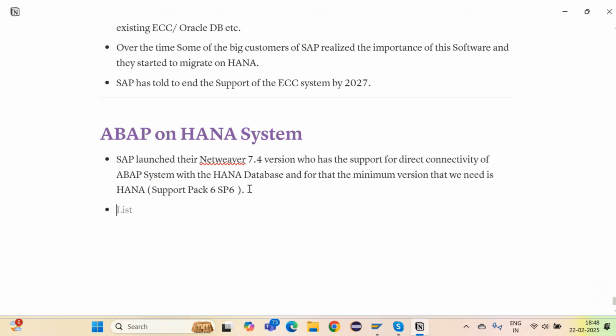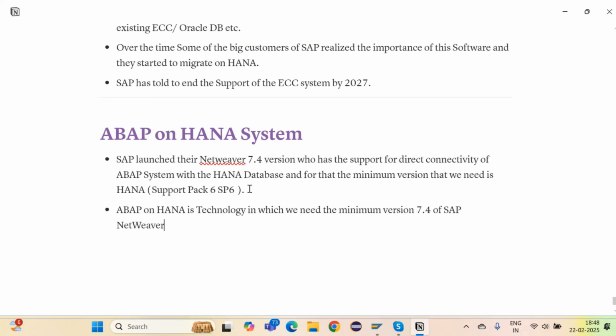First thing, ABAP on HANA is the technology in which we need the minimum version 7.4 of SAP NetWeaver.